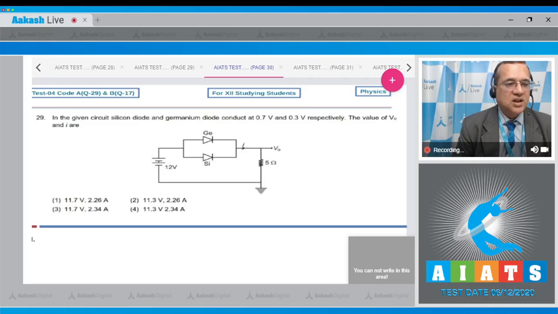Question number 29: in the given circuit, silicon diode and germanium diode conduct at 0.7 volt and 0.3 volt respectively. The values of V naught and current I are? Now this is the circuit given with battery voltage plus 12, and this will be at zero potential because it is earthed. Now what happens?